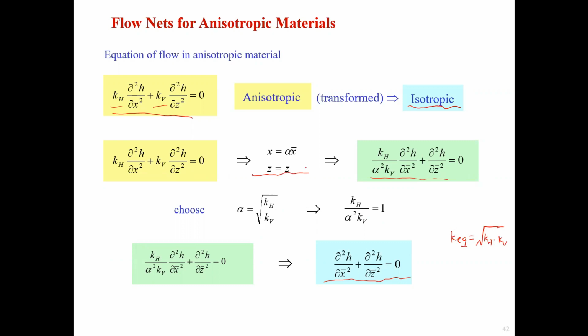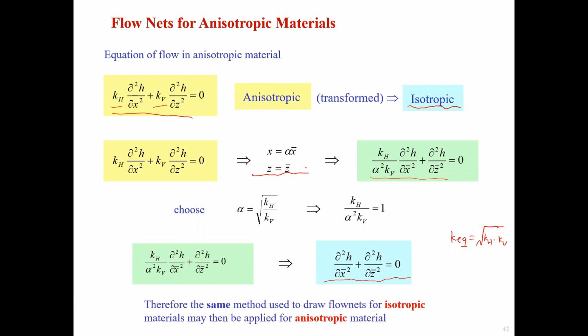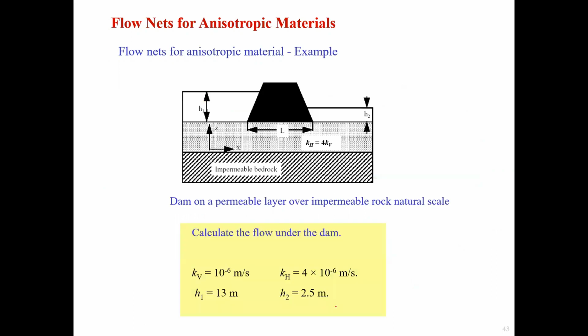So this is the method we use to convert from the anisotropic to the isotropic case, and then all the following parts will be the same as we covered in the first half of the lecture. We already mentioned that: convert from the anisotropic to the isotropic by this type of transformation.